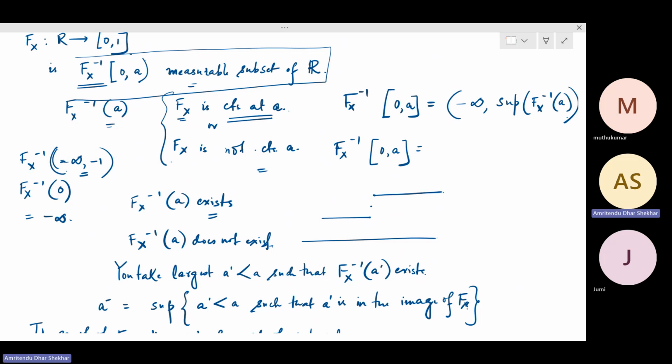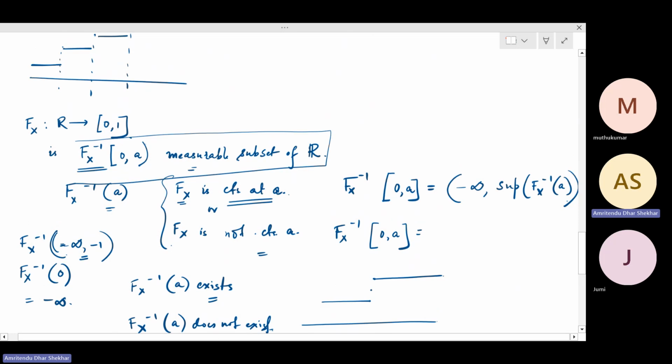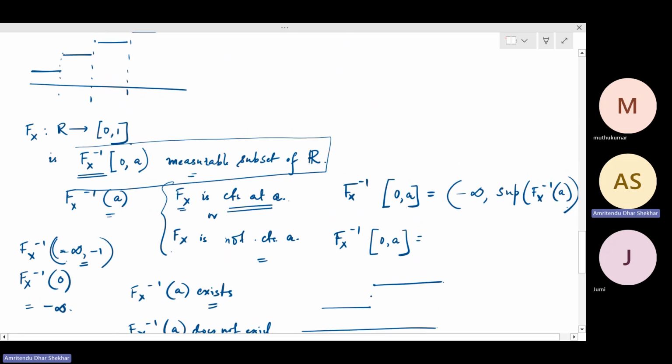So one way to circumvent this problem is to do it in this way. There's something called an extended measure on R. It's called R bar, where this is R, and you have adjoined minus infinity and infinity to it. This is called the extended real line.